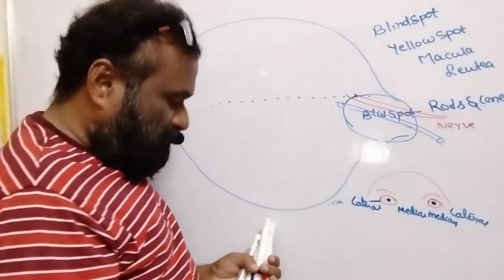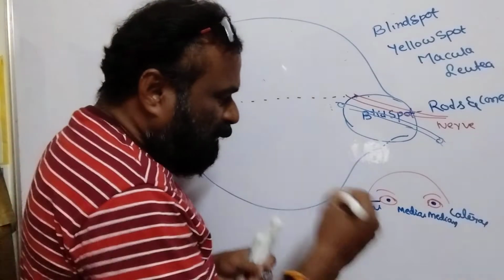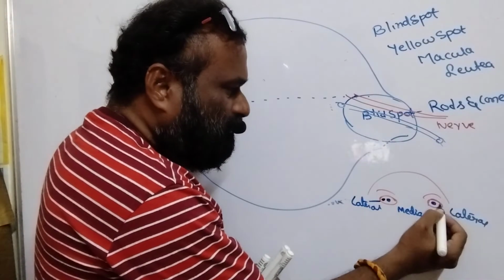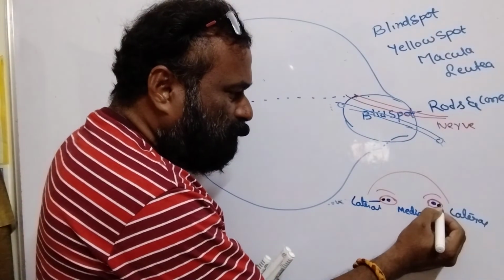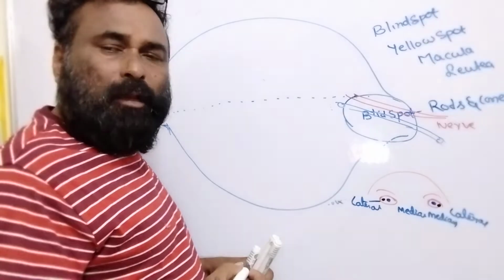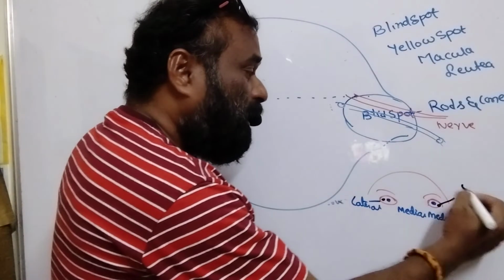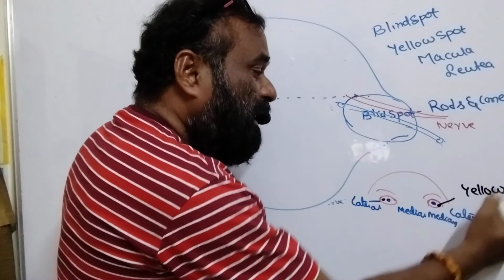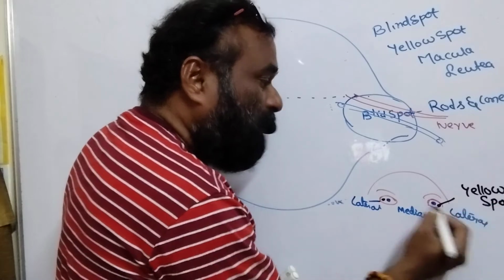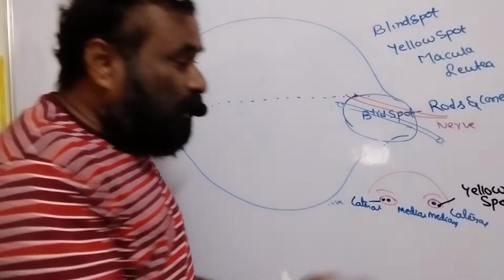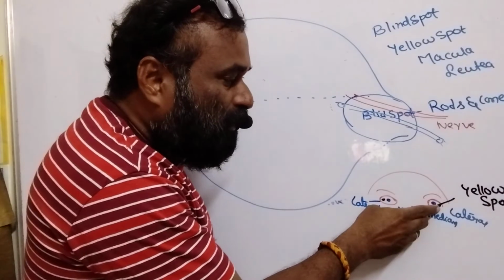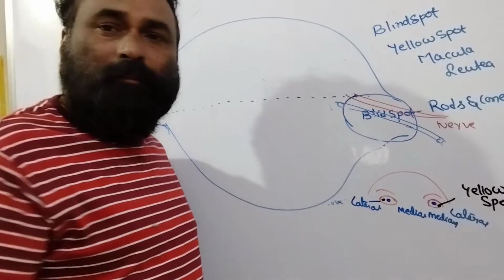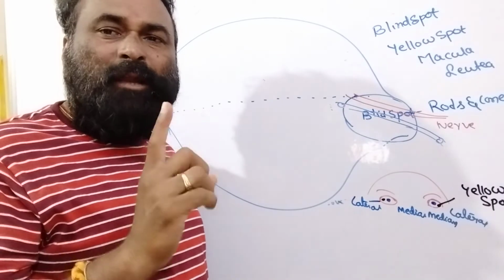This is the lateral side. The location of the yellow spot is lateral to the blind spot. The location of the blind spot is median to the yellow spot.